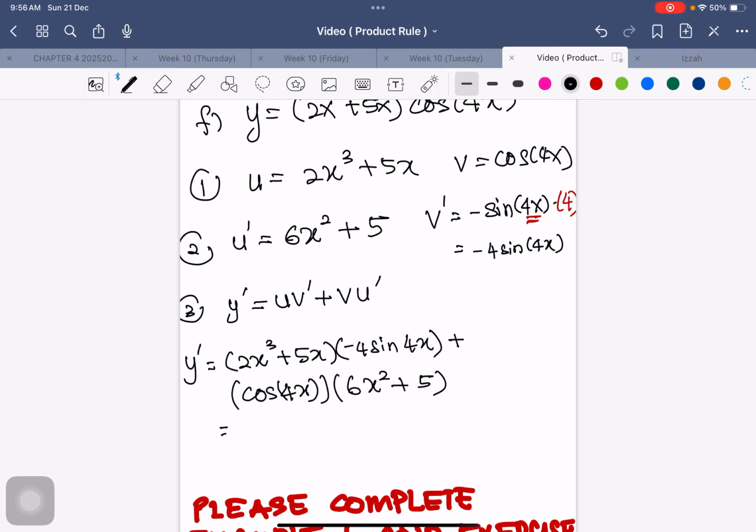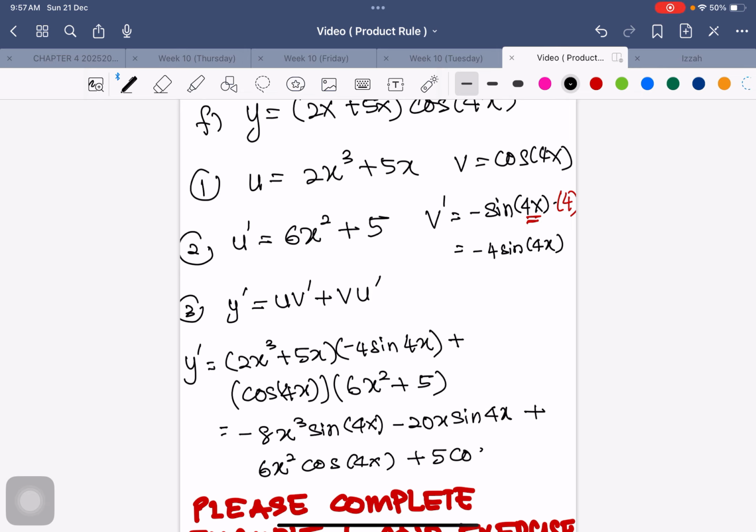Okay, so you will get the answer is equals to, so negative 8x cubed sin 4x minus 20x sin 4x plus 6x squared cos 4x plus 5 cos 4x.